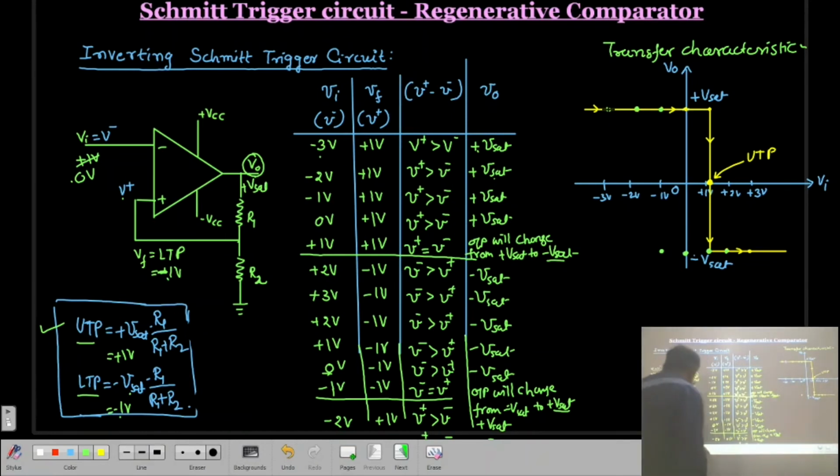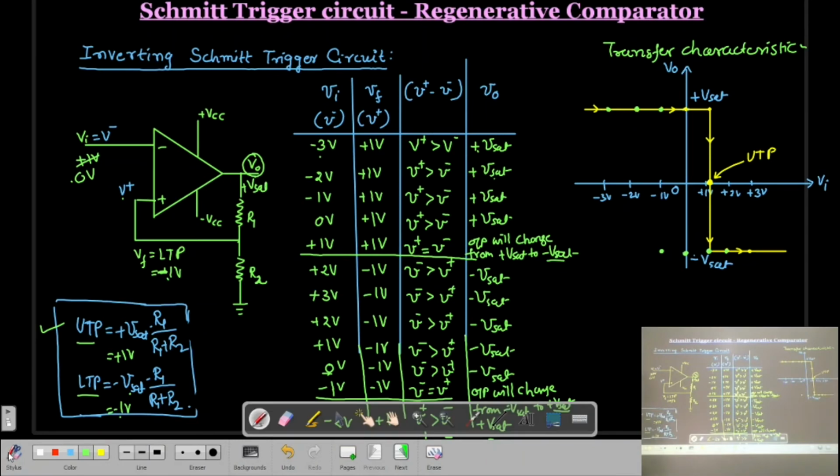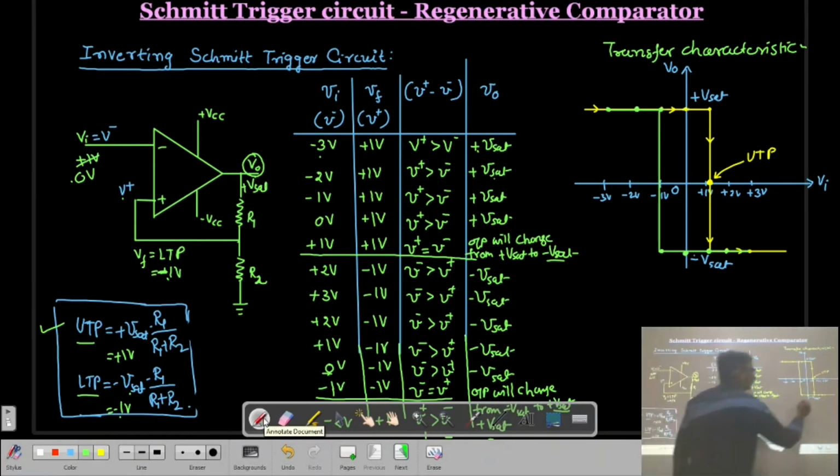So if I join all the points, here my input voltage is moving in this direction and the output is changing like this.